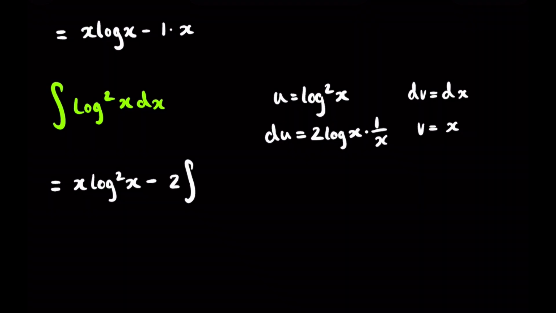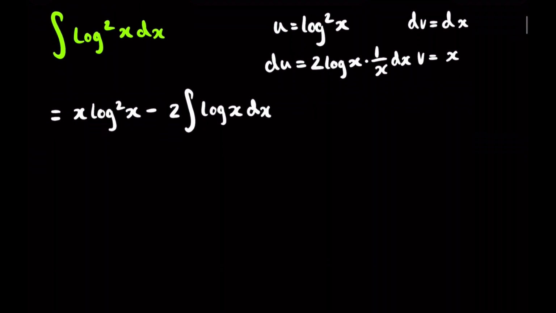We can bring the 2 outside the integral, and we just have log x dx. And I forgot to write dx over here. I apologize. And what we notice here is we already solved the integral of log x right above. And so we can plug in our result from the previous integral into this one.